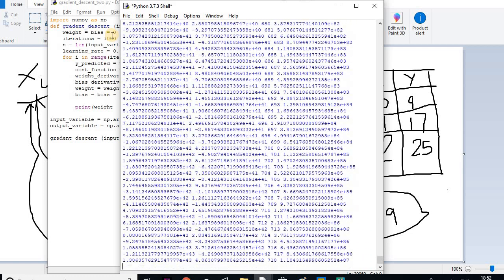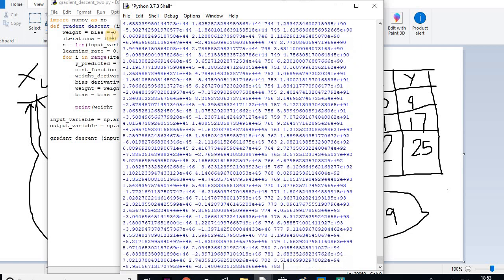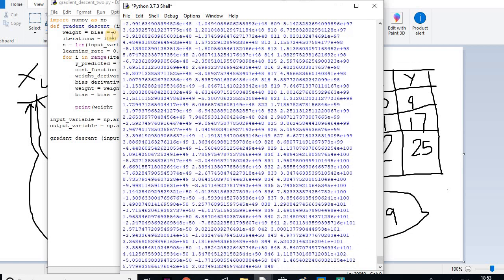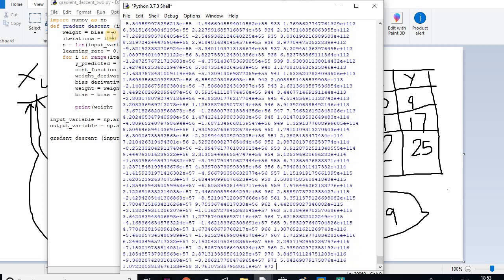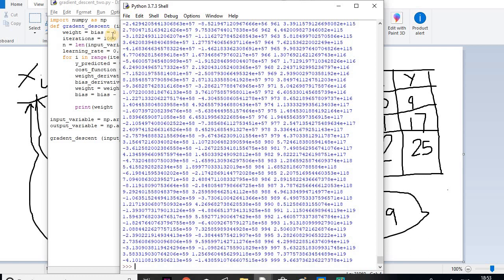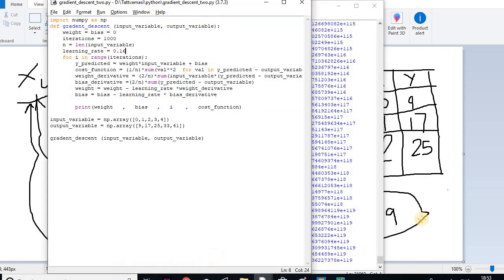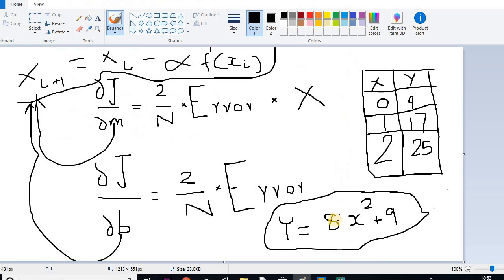It's on the positive side, and the m and b, the weight and the bias, are not near our values. Here I could see plus 117, plus 118, exponent plus 119. The cost function is increasing, and this weight and bias is nowhere near our value. Our value is 8 and 9, the weight and bias of the model.